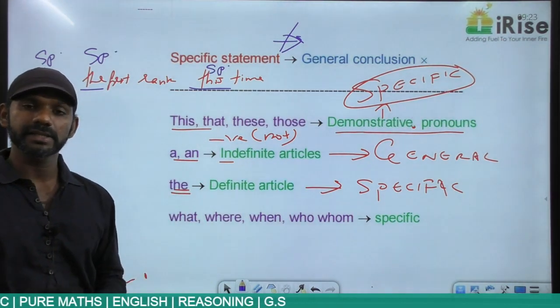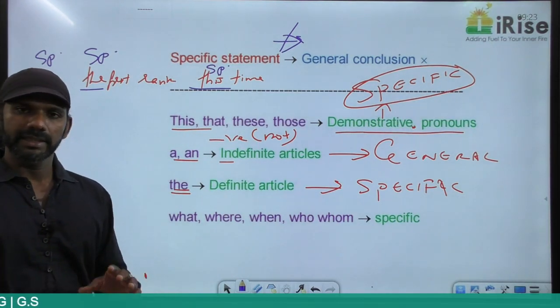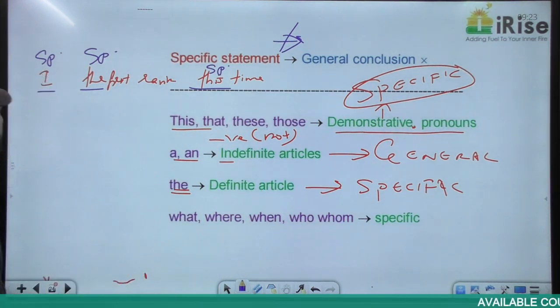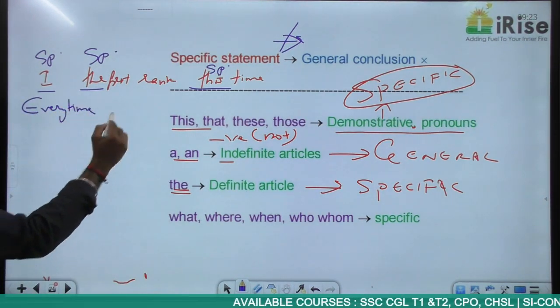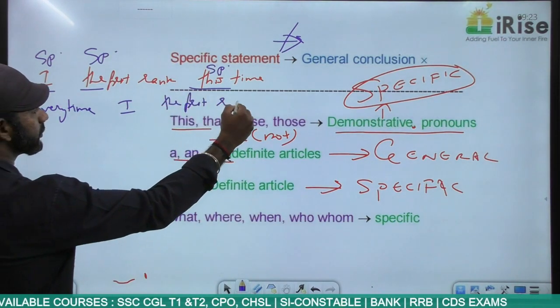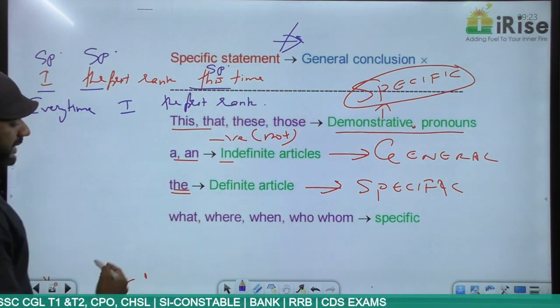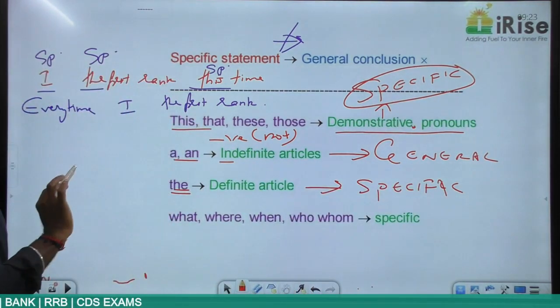The option I give is, every time I study well, I get the first rank. In the option also we have 3 entities. One is every time. Then I study well, I get the first rank. There are 3 entities in the sentence in the passage. There are 3 entities in the option.